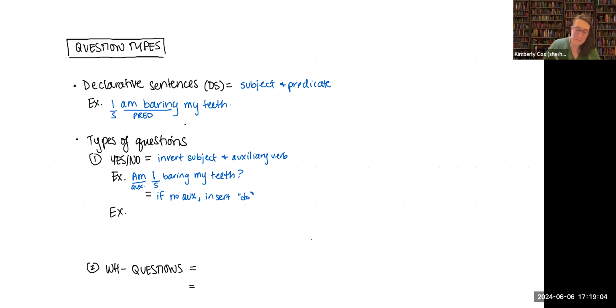So let's say instead of "I am bearing my teeth," we just had the declarative sentence, "I bear my teeth." We could instead have "Do I bear my teeth?" Or "Did I?" So we insert the do and we have the subject. And so that once again creates a nice yes/no question for us. So one type of question is the straightforward yes or no.